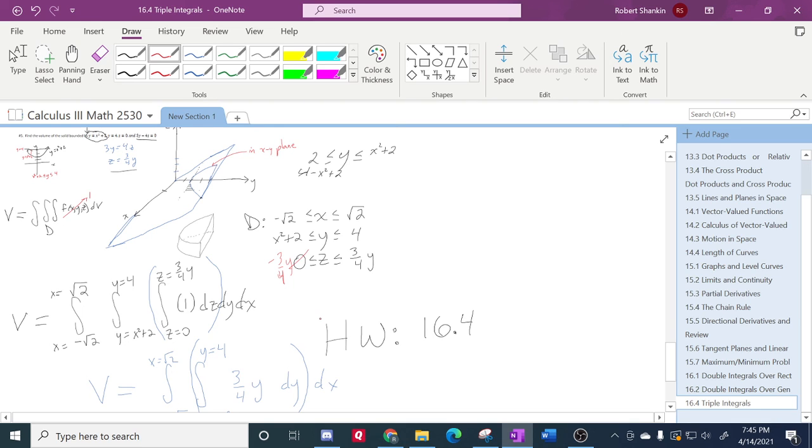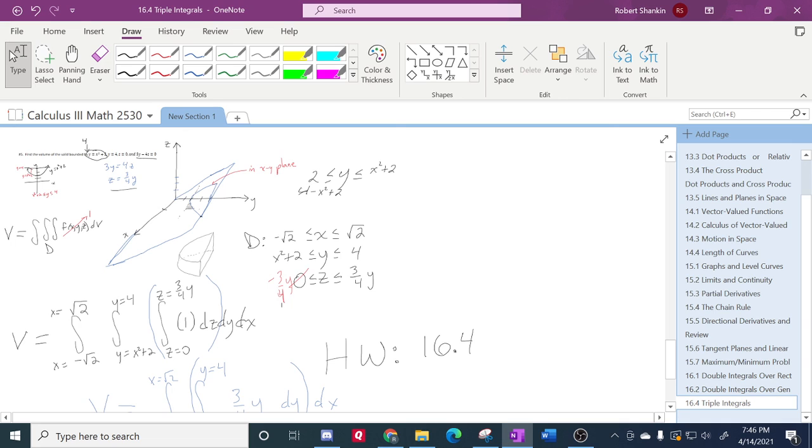And another part of the answer to that, so excellent insight, Cameron. Another aspect of this, though, is that triple integrals usually are not used to find volumes.